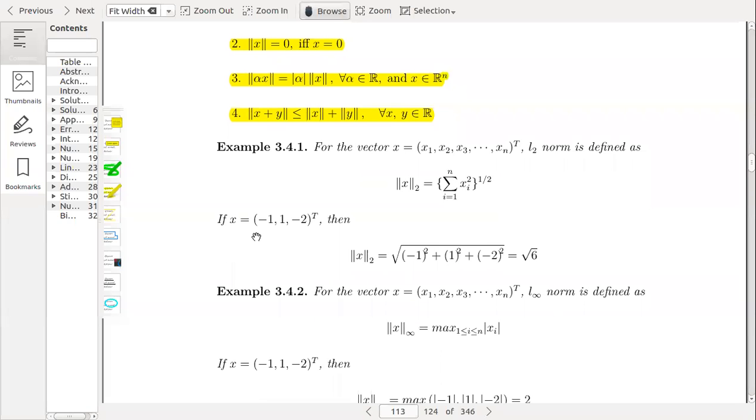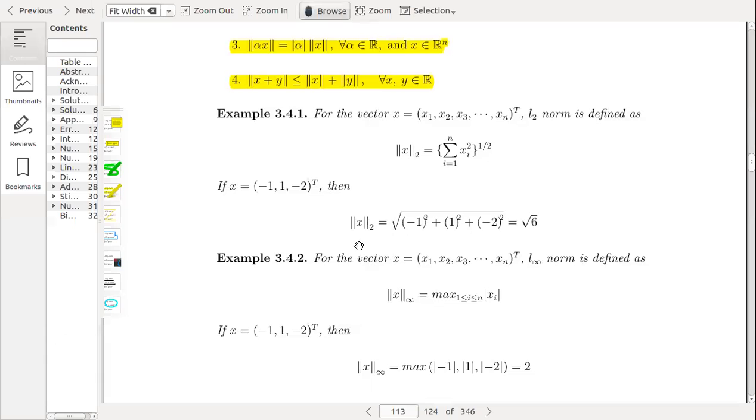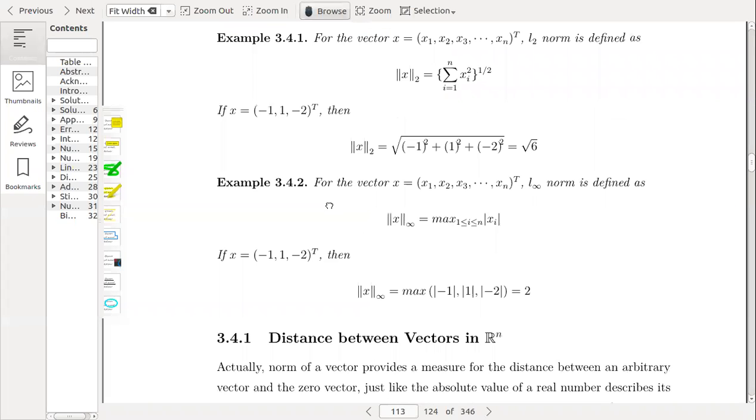If x is equal to minus 1, 1, minus 2 transpose, then the norm 2 of x is equal to minus 1 square plus 1 square plus minus 2 square, which is square root of 6.